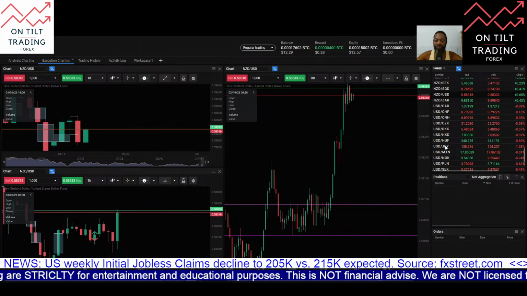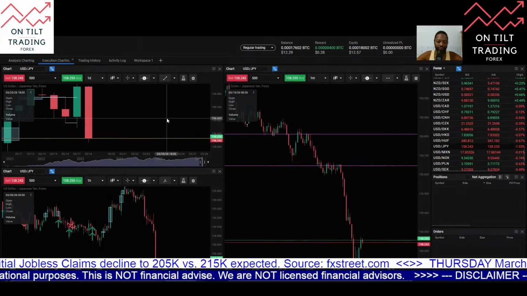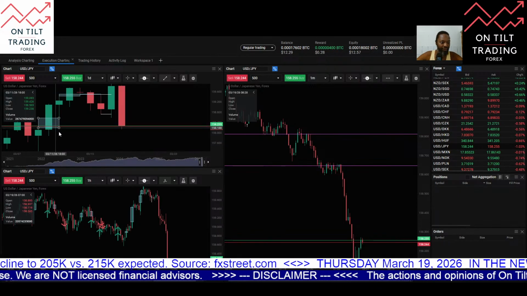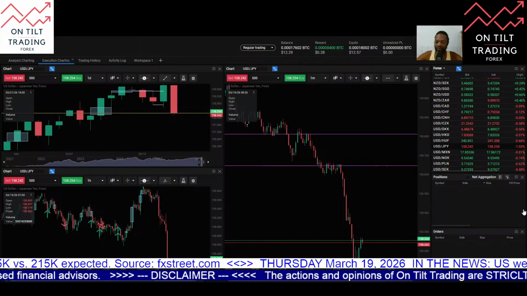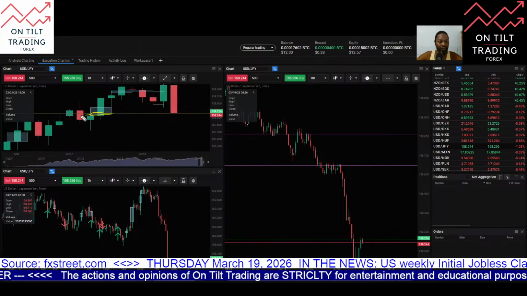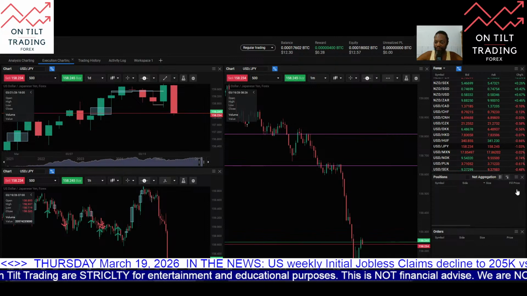Up over to dollar yen. Dollar yen just completely here, and trading into that rebalance point as I mentioned. We'll see if price now wants to redeliver to the buy side.